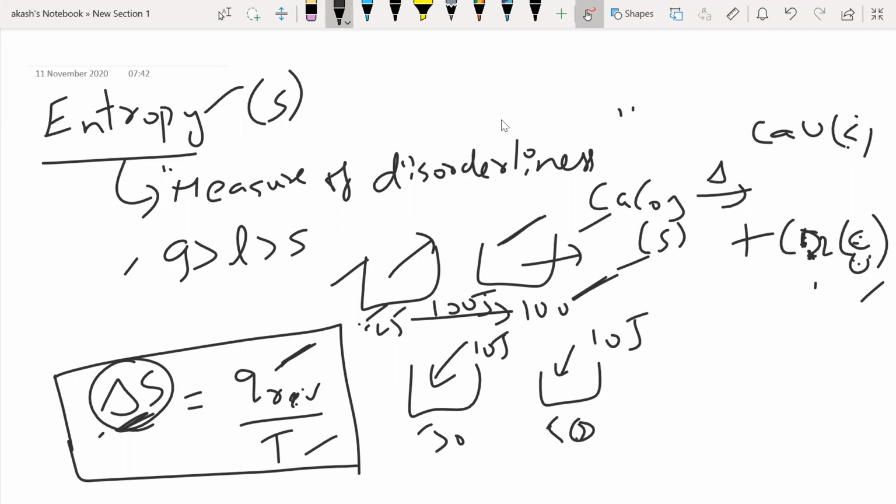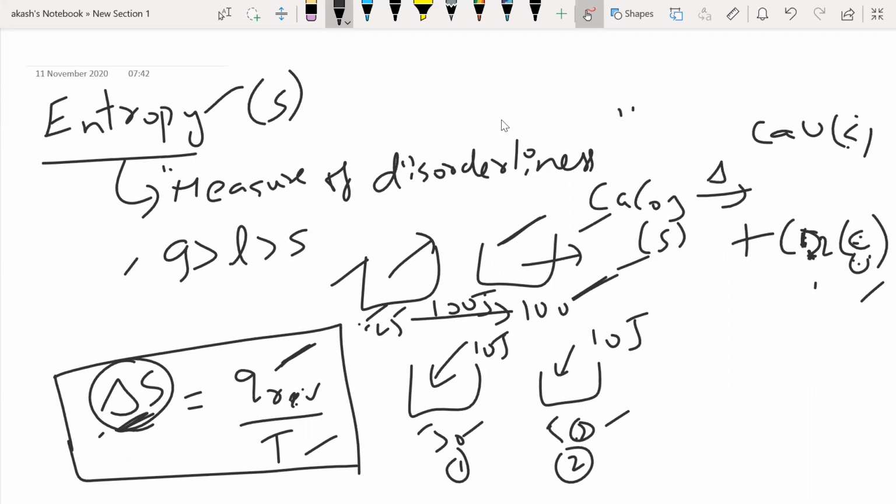To both of them, I give 10 joules of heat. Now think and tell me, in which case would the increase in entropy have been higher? Obviously in both cases, entropy is going to increase, no doubt. But what I'm asking is, if this is case 1 and this is case 2, in which case is the change in entropy higher?